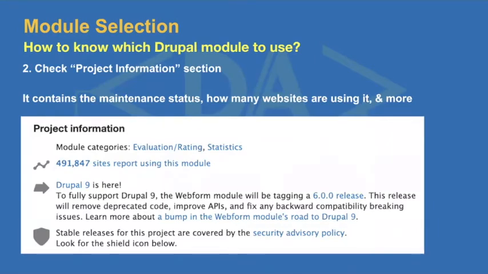The next part is to look at the project information. So in this picture, we see that the web form module is being used by nearly 500,000 websites or Drupal sites, which is an incredible amount of websites being used.